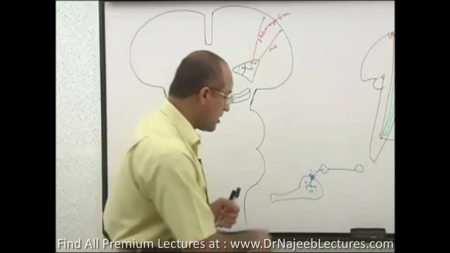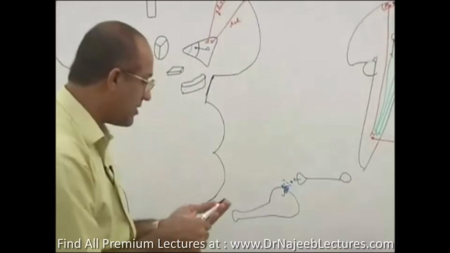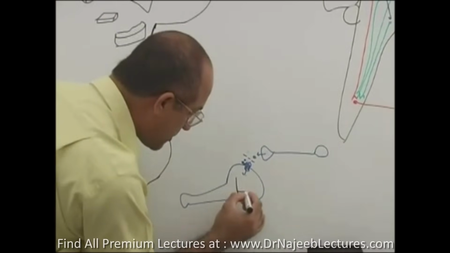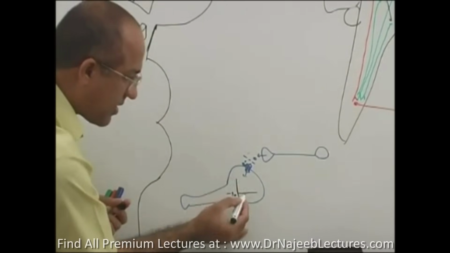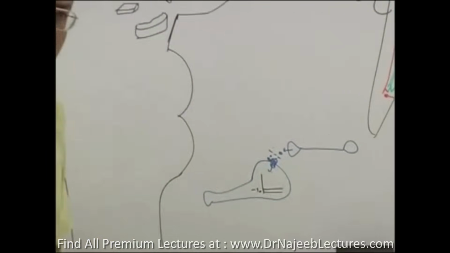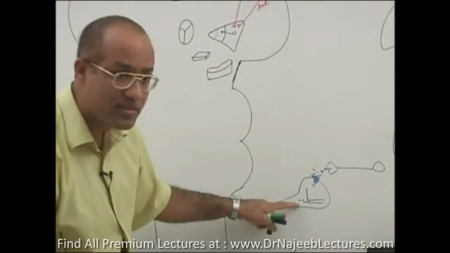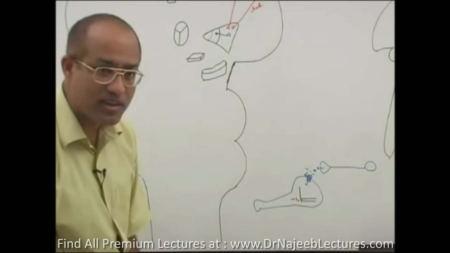Will the cell become more negative or less negative? More negative. If the resting membrane potential in this cell was minus 90, when a lot of chloride comes, the resting membrane potential will become more negative. If the cell becomes very negative due to loading of chloride, do you think it's easy to stimulate this cell?